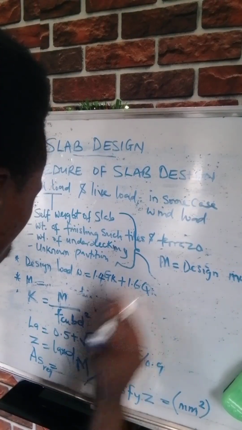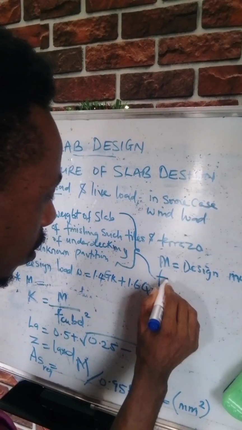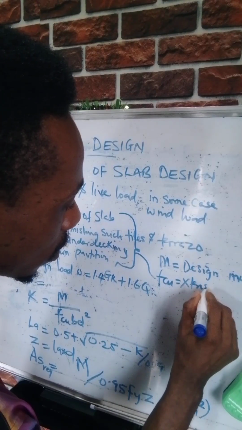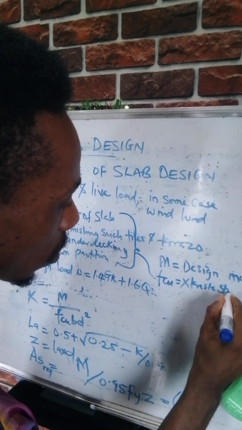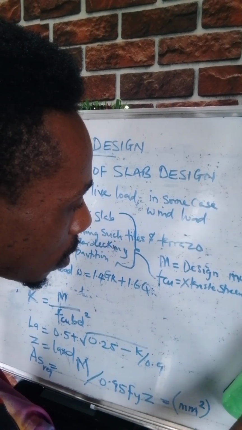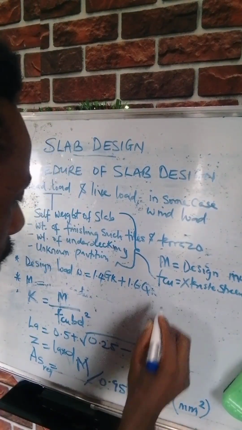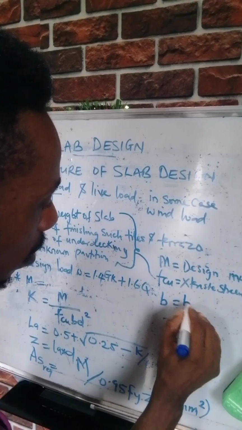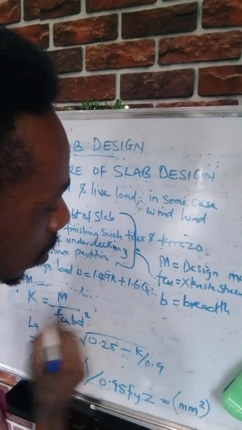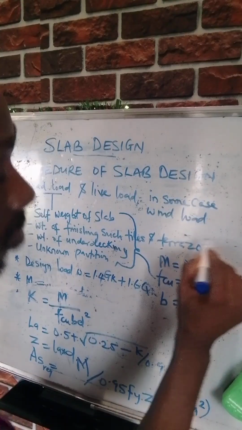Then your FCU becomes the characteristic strength of concrete. Then the B is the breadth, the width or breadth, which is the area you're considering.